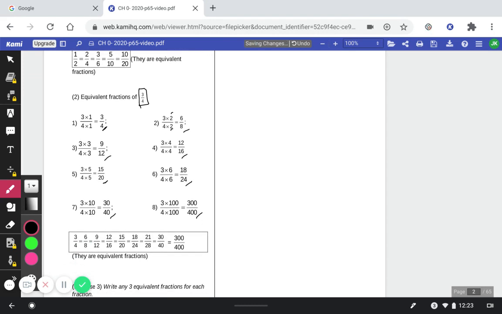So 3/4, 6/8, 9/12, 12/16, 15/20, 18/24, 21/28, 30/40, and 300/400. They are all equivalent fractions. In other words, they all have equal value.